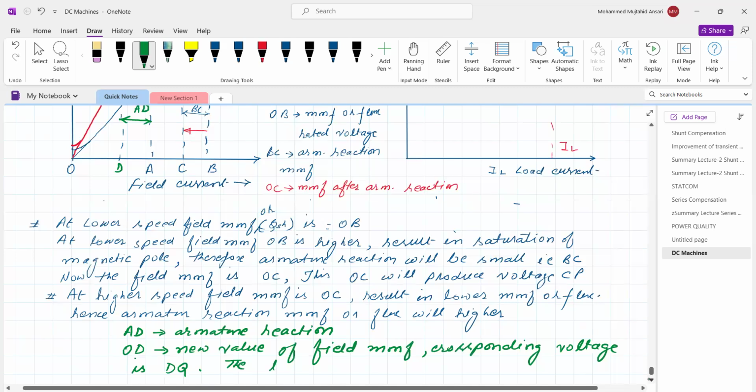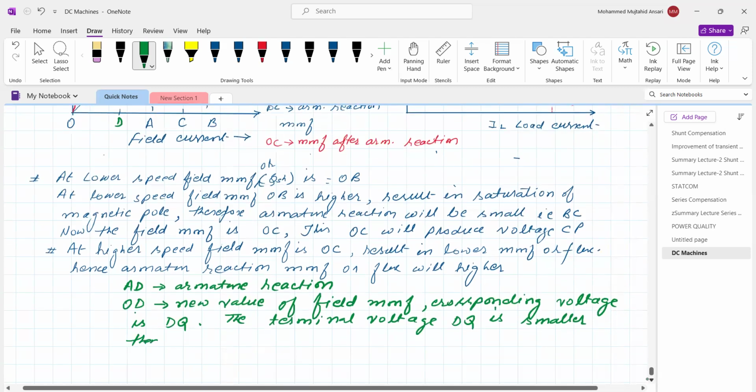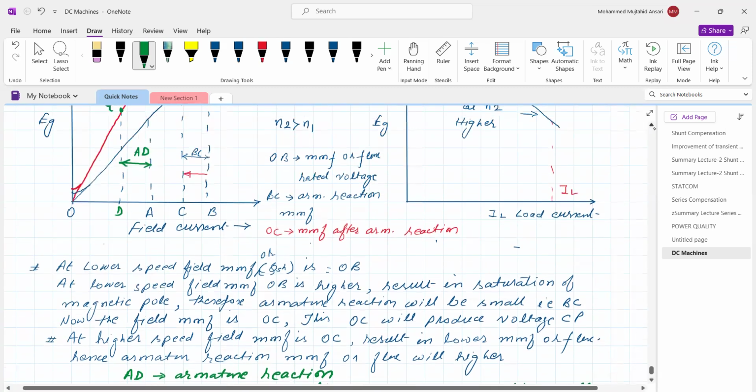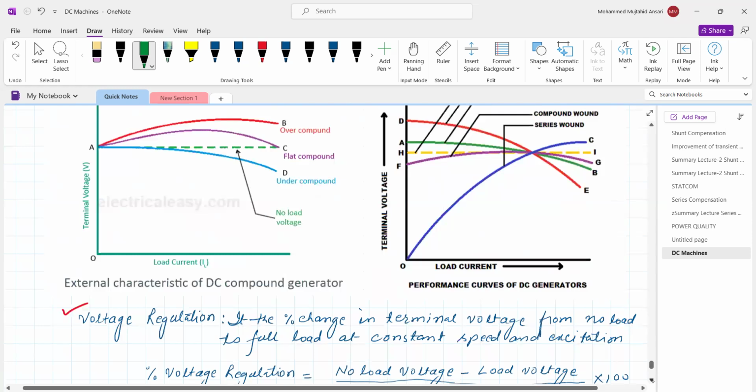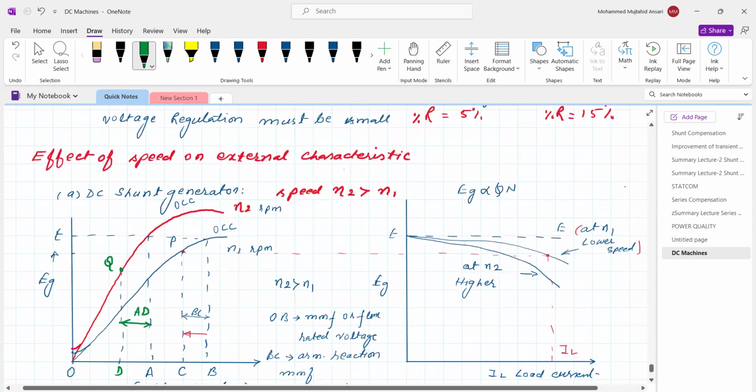The terminal voltage DQ is smaller than CP. So here we plot this point Q, and if you plot correspondingly for the same current, this is the voltage.